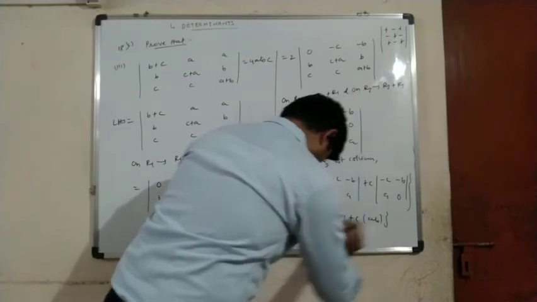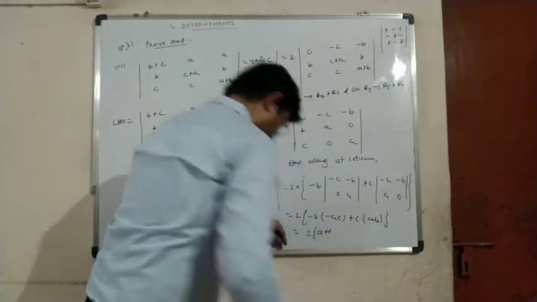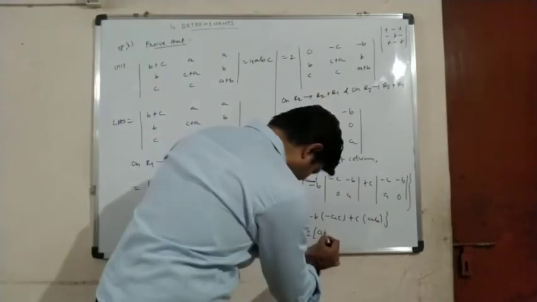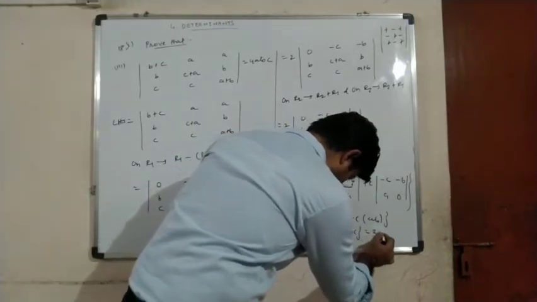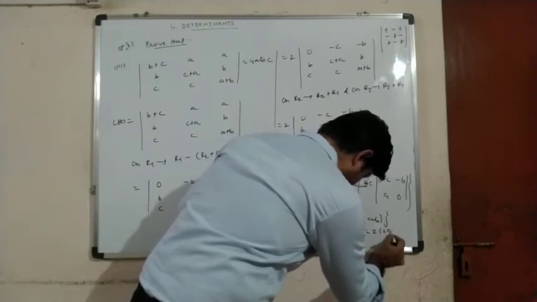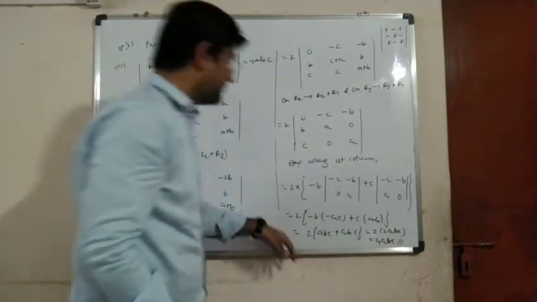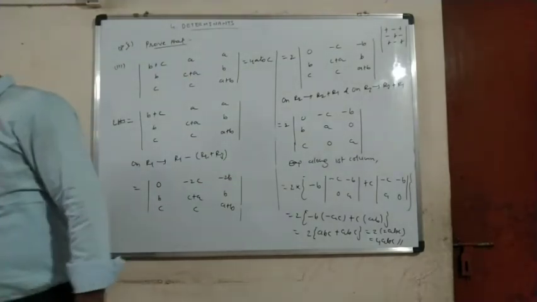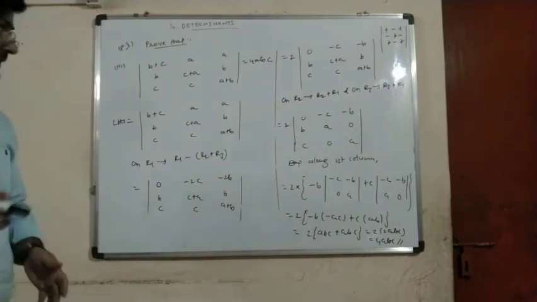Okay, so we will get 2 into bracket ABC plus ABC, which is equals to 2 into bracket 2ABC, and which is equal to 4ABC, which is the required right hand side. Clear? So this question was quite easy. Okay, we have completed third of question 8. Now let us solve the fourth number.